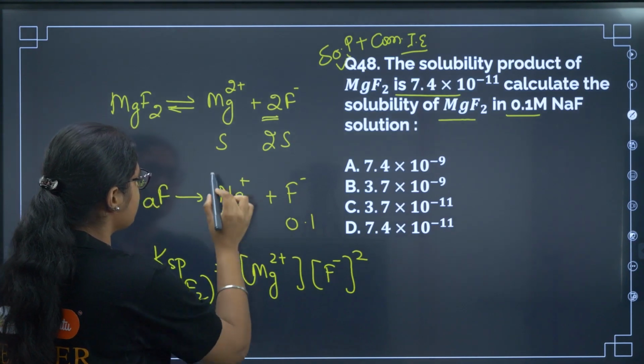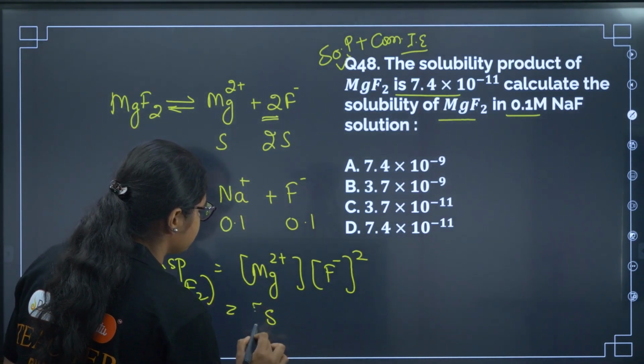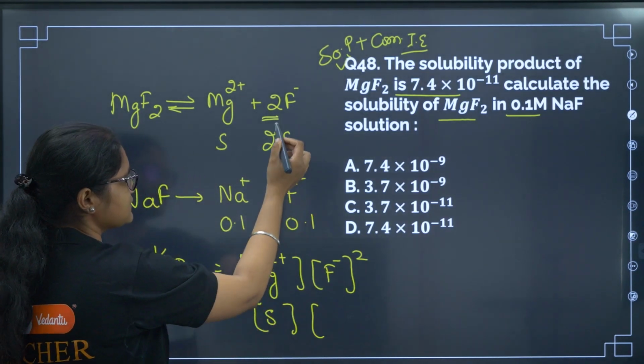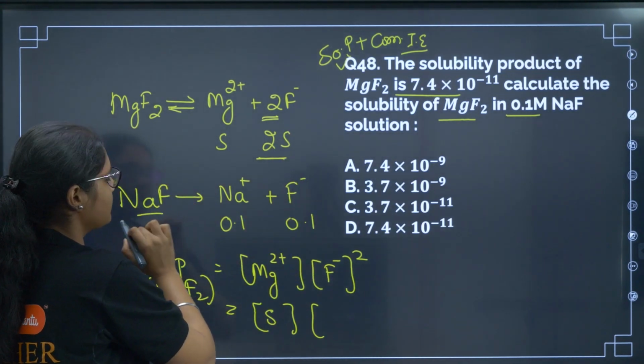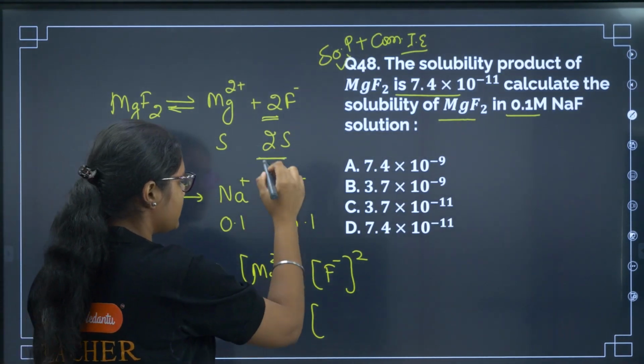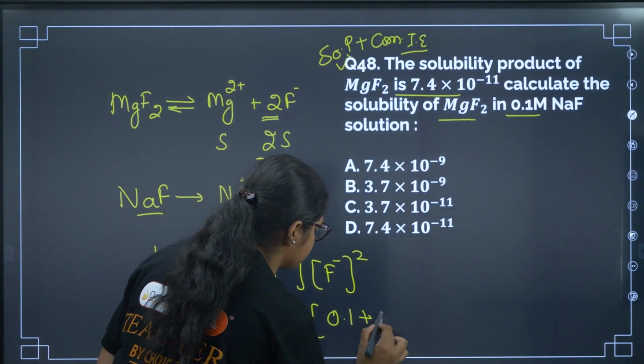So now you can substitute. For magnesium it is S, but see for F- there is a common ion, right? Here also S is there, fluorine is there. This fluorine comes from sodium fluoride. So the total will be 0.1 plus S.